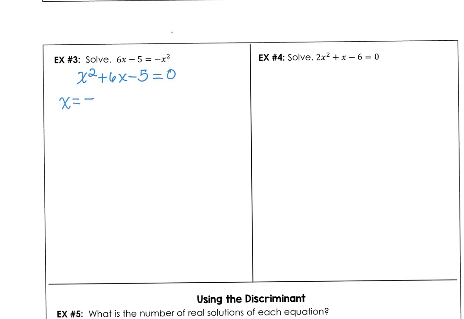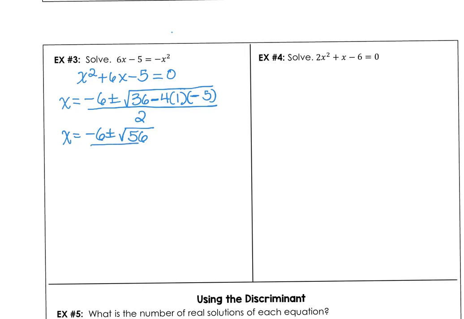So x is the opposite of b, plus or minus the square root of b squared minus 4 times a times c, divided by 2 times a. Cleaning up under the radical, we've got negative 4 times negative 5, that's positive 20. So 36 plus 20 gives us 56, and we're dividing by 2.